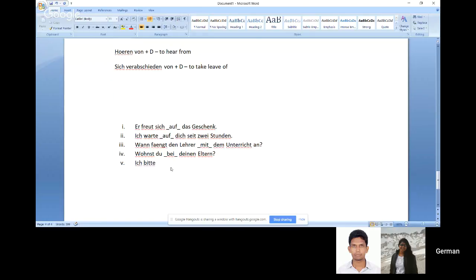Ich bitte Sie um Hilfe. Hilfe? Ich bitte Sie um Hilfe. Ja, richtig. The last one. Der Zug fährt.